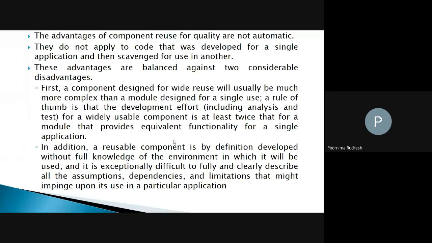So it's very difficult to integrate or place that component so that it can operate clearly and give the correct output. It is a very difficult task to clearly describe all the assumptions, dependencies, and limitations that might impinge upon its use in a particular application.